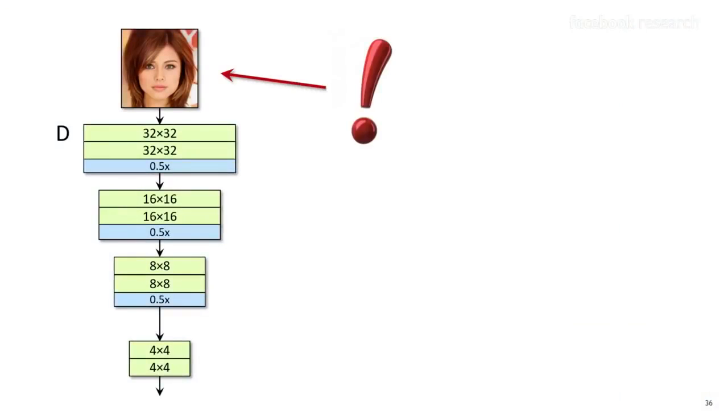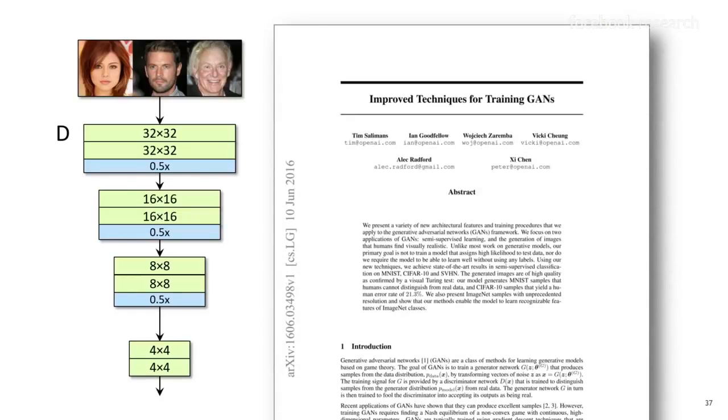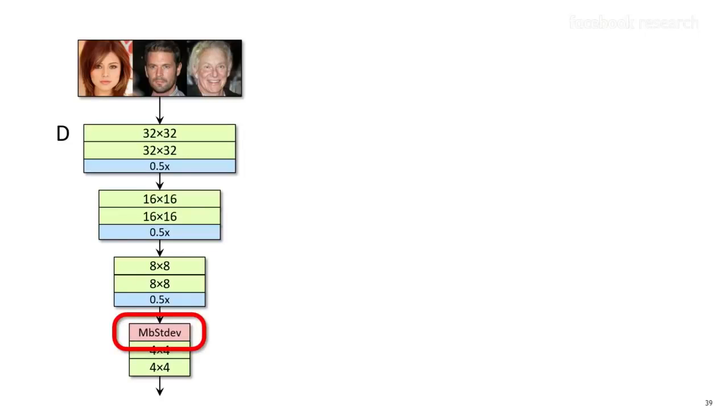We obviously cannot do that if we're looking at just individual pictures. So the obvious way out is to extend the discriminator to look at multiple images at once. This has been proposed before, and it's a good idea, and we build on top of it by introducing this special layer toward the end of the discriminator.